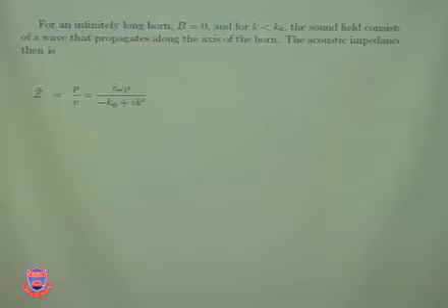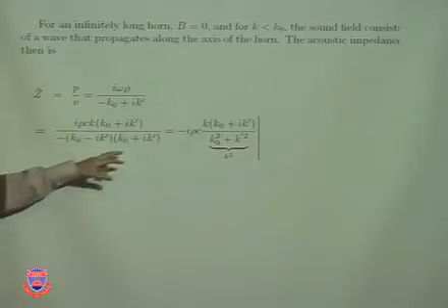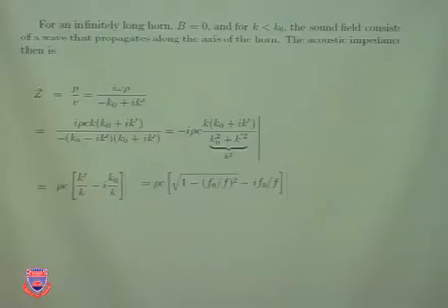The impedance of the plane wave can be expressed as just a simple set of mathematics. You can see it becomes a ratio of the particle pressure to particle velocity. Once we make the appropriate substitutions, let me put the whole thing on here.